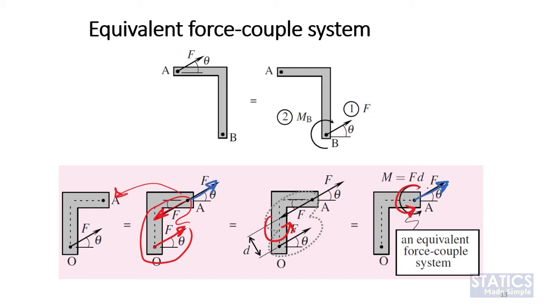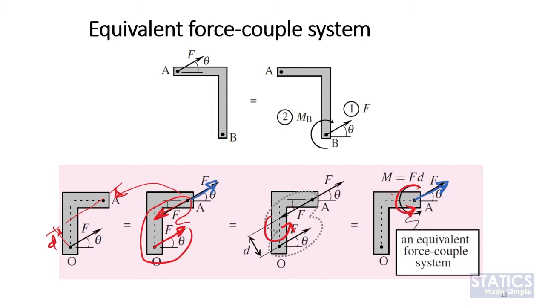So point A will feel the force and the free couple or the moment, which is equal to F times D. D is our perpendicular distance from the line of force towards the point of moment.